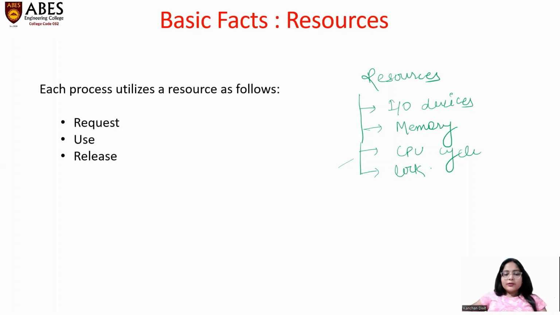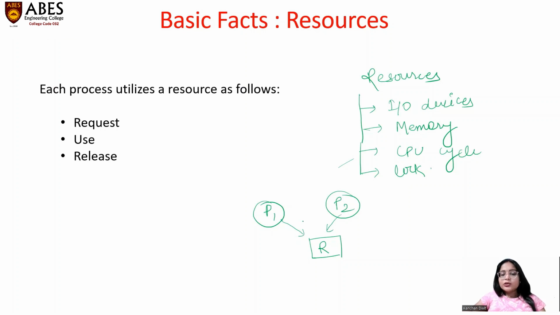Now, suppose there is a resource, say a file R. There are two processes P1 and P2, and they both are trying to get access to the resource.